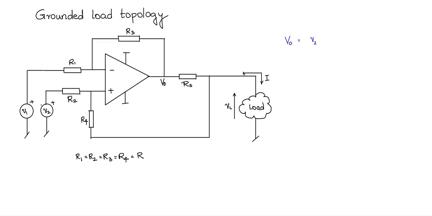They are going to get superposed at this point. So I will say V2 into R4 by R2 plus R4, plus VL, this is VL at this point, R2 by R2 plus R4.